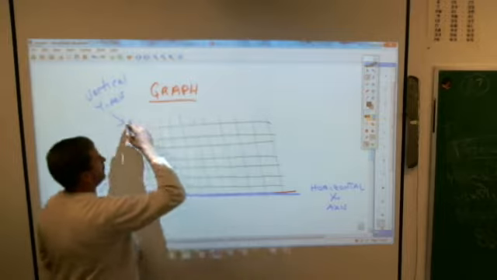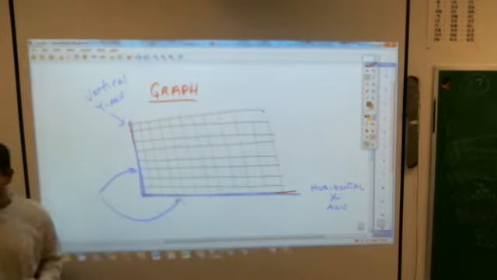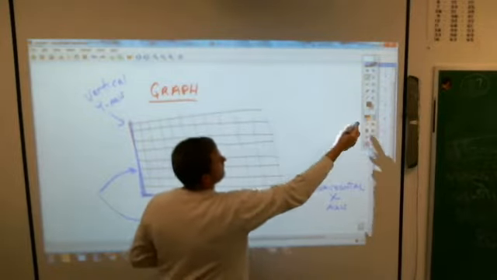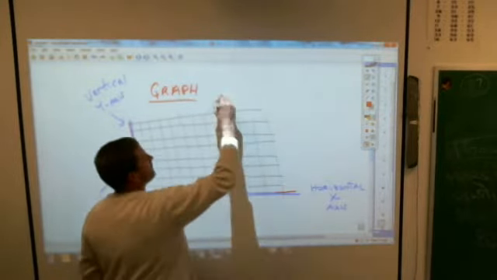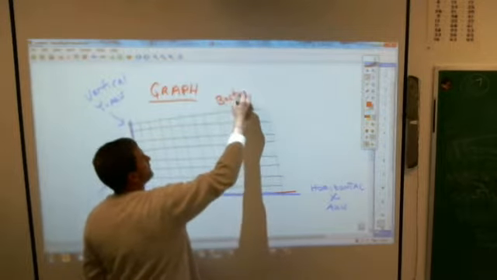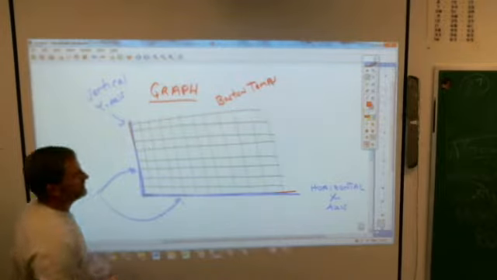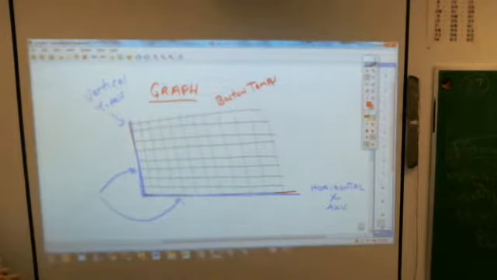By the way, this is a graph of what? The average Boston temperatures. Why do you suppose they use this type of graph as opposed to a pictograph or a circle graph or something here?